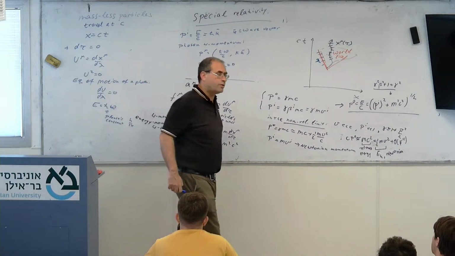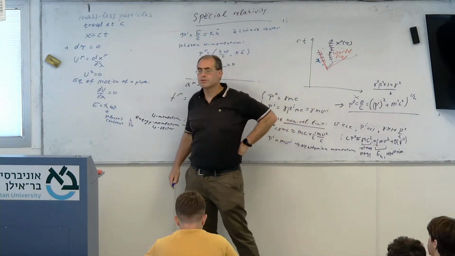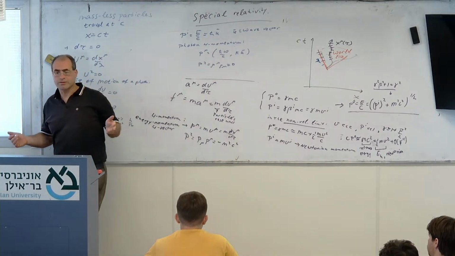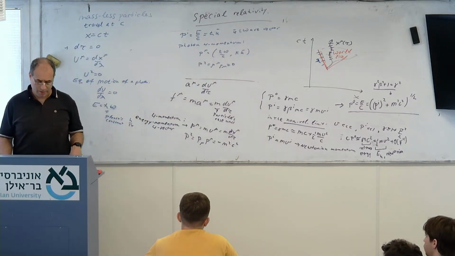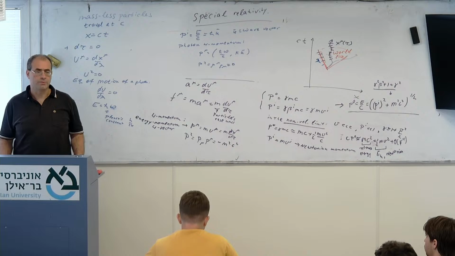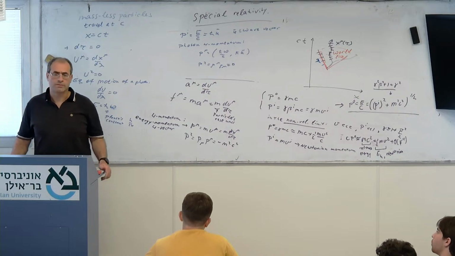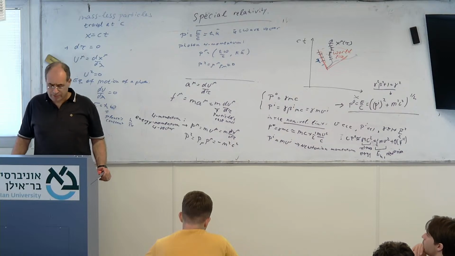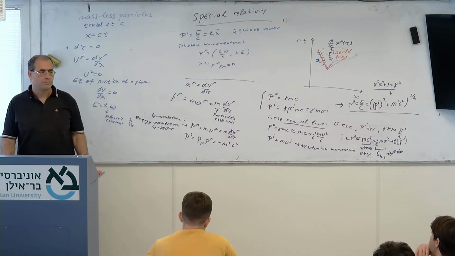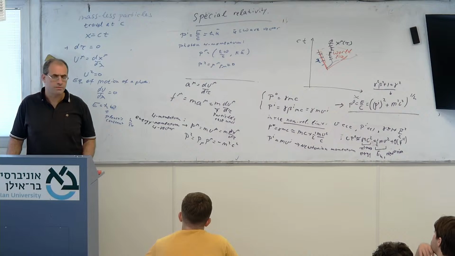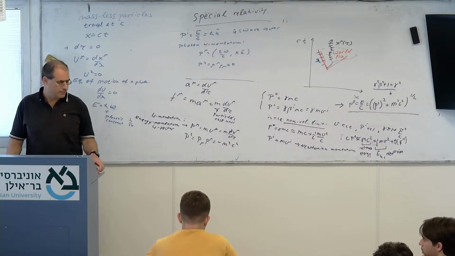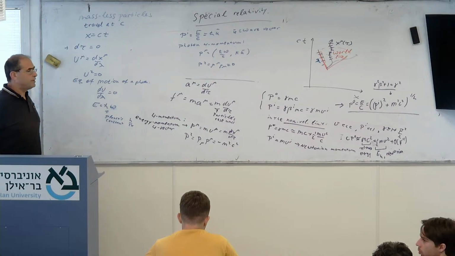Sometimes we have to deal with systems which contain many particles, and that forces me to introduce a new tensor. Did any of you hear about the stress energy tensor, or the energy momentum tensor?